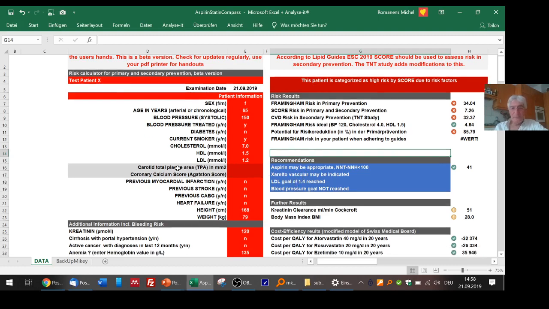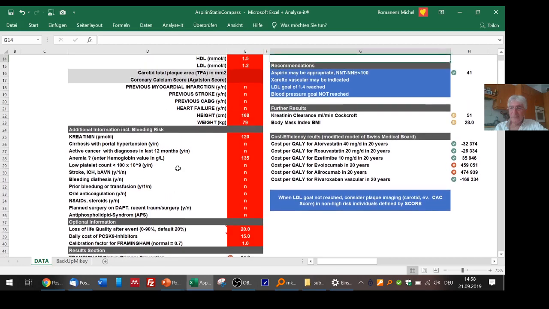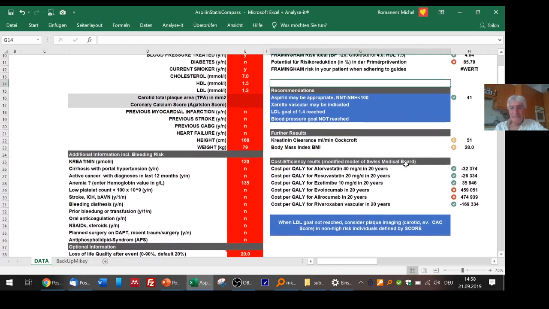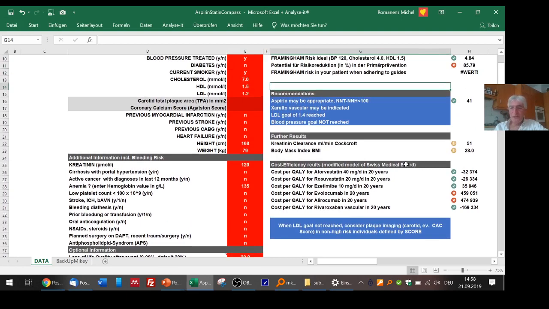So that's about the information we can get, and also all this information about the cost efficiency issues. And you will see that when you calculate cost efficiency over 20 years, you will see how cost efficient in fact we are.